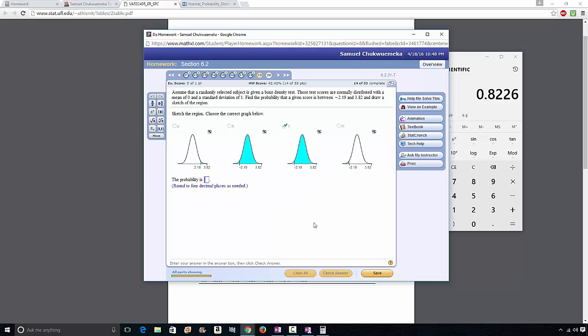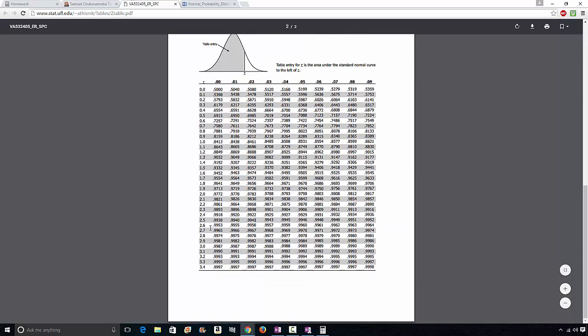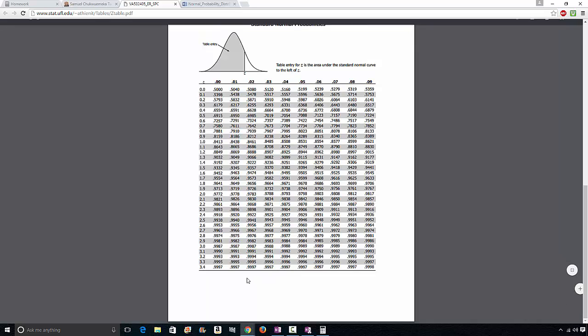Now let's find the probability. 3.8 under 0.02. So we look for 3.8. Here you see 3.8 is not here, but sometimes you see questions like this. Now you will notice that 3.49 is almost 1, 0.9998.